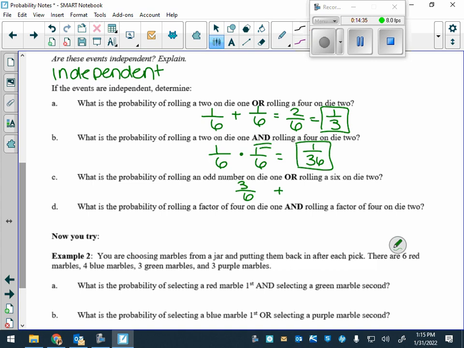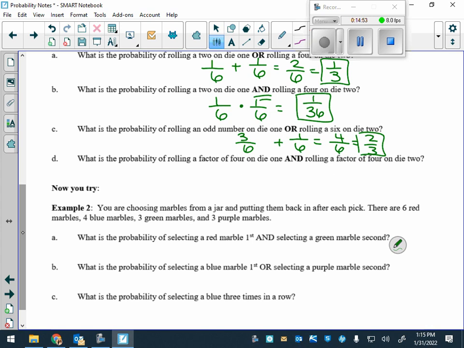Yeah, 1/6. And the reason I kept it that way is because when we're adding, what do we need? Same denominator, right? So we have 4/6, which is 2/3. Now, if we change that to rolling a factor of 4 on die 1 and rolling a factor of 4 on die 2. So are we multiplying or adding?